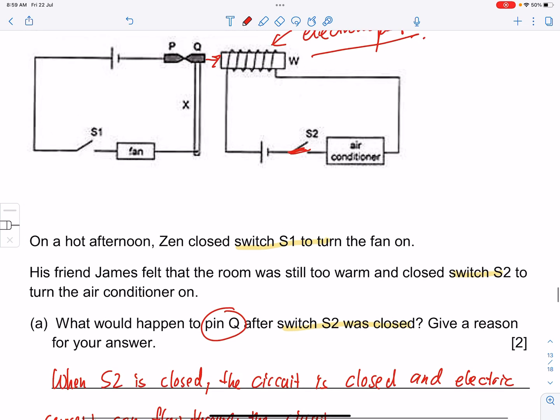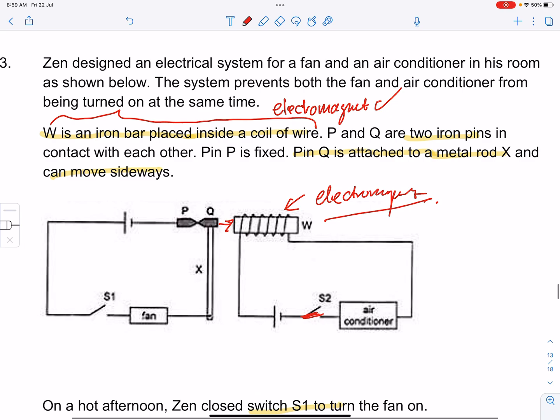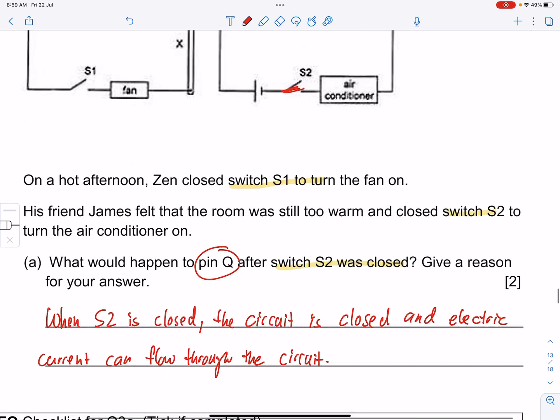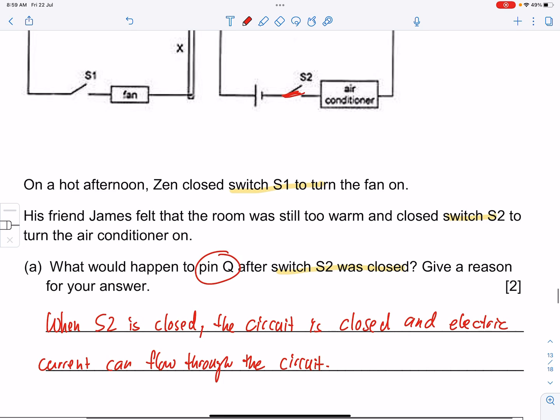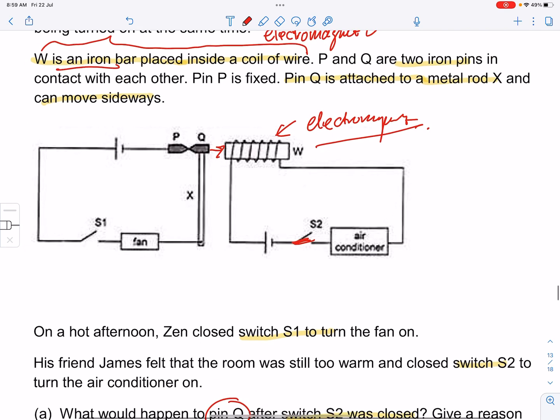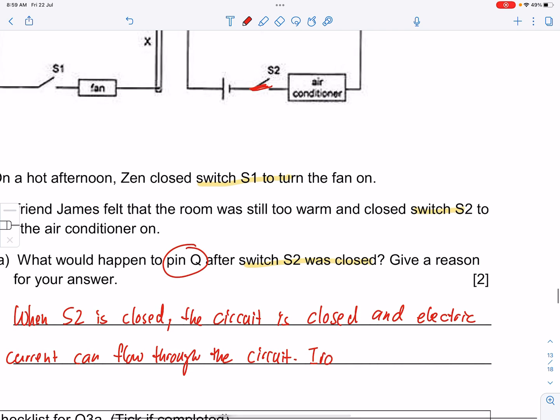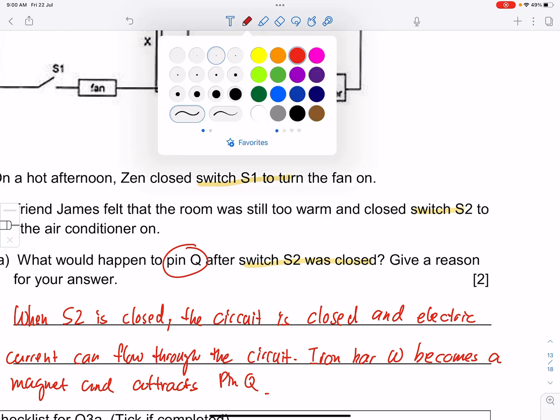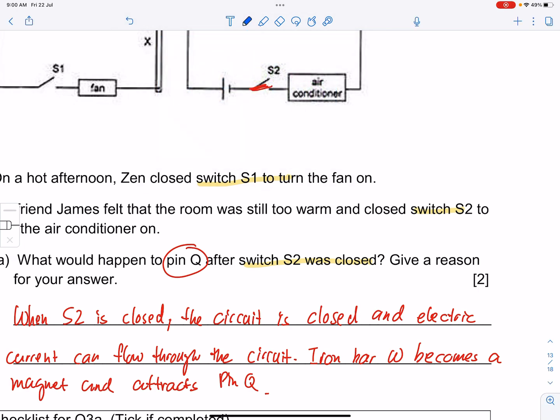So the outcome of it would be my iron bar W becomes a magnet and attracts pin Q.